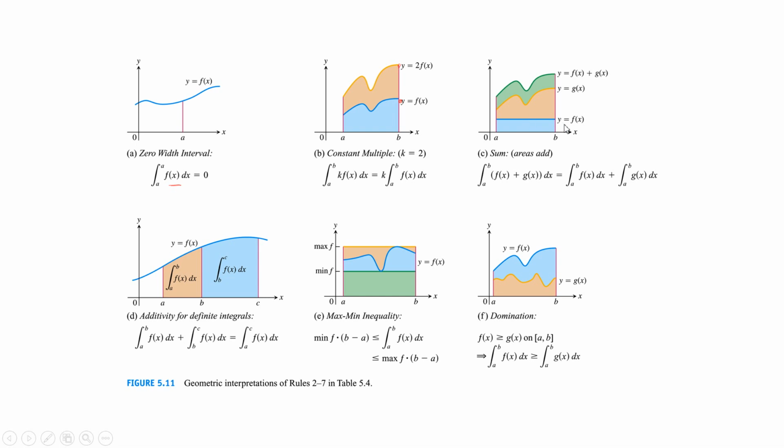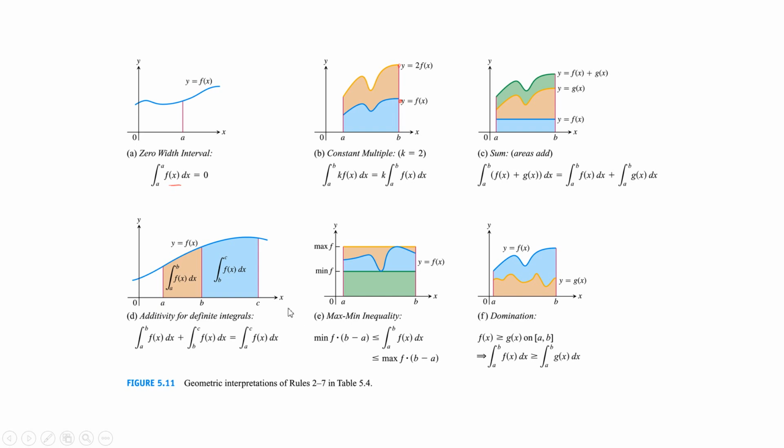If we have y equal to f(x) and y equal to g(x), then this will be f(x) plus g(x). Again, this demonstrates the addition rule, and similarly we can have the subtraction rule. Now this is the additivity for definite integrals.